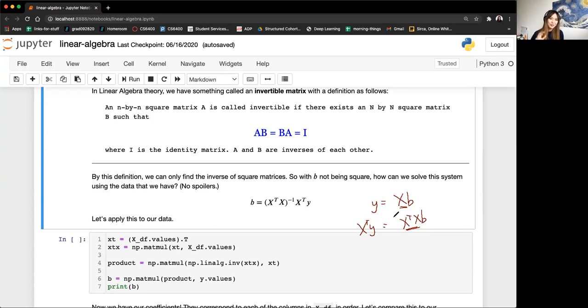So we're kind of going to compound a bunch of things that we've learned. Because this is now a square, we can find the inverse of x transpose x. So what we're going to do now is take the inverse of x transpose x on both sides and then multiply.